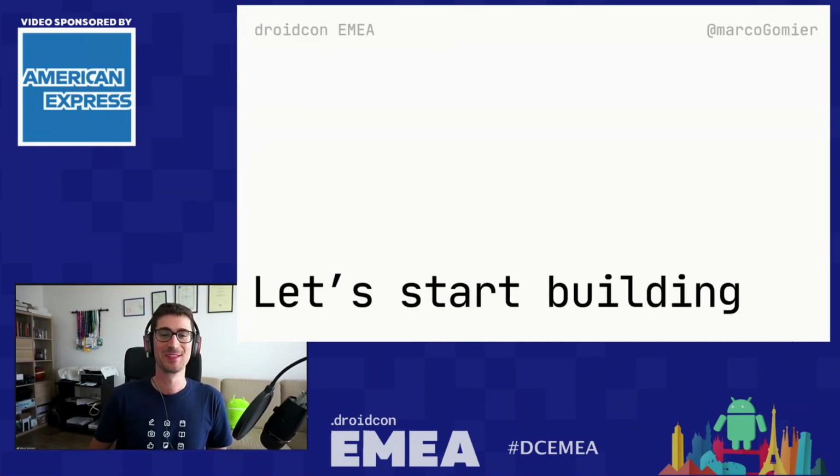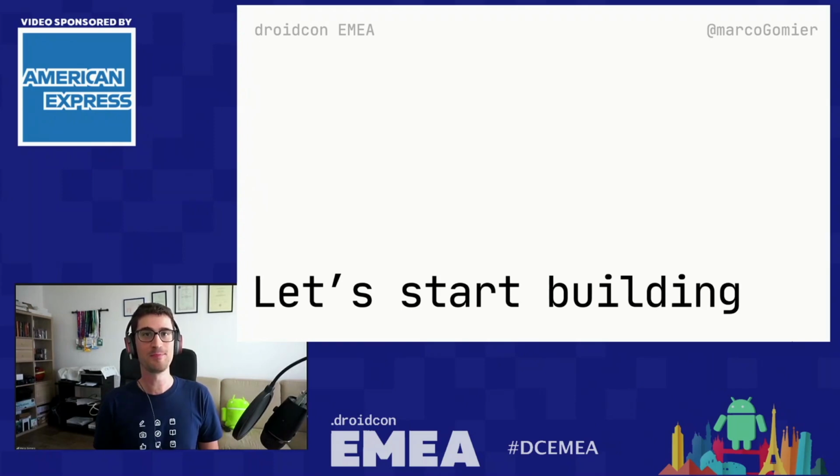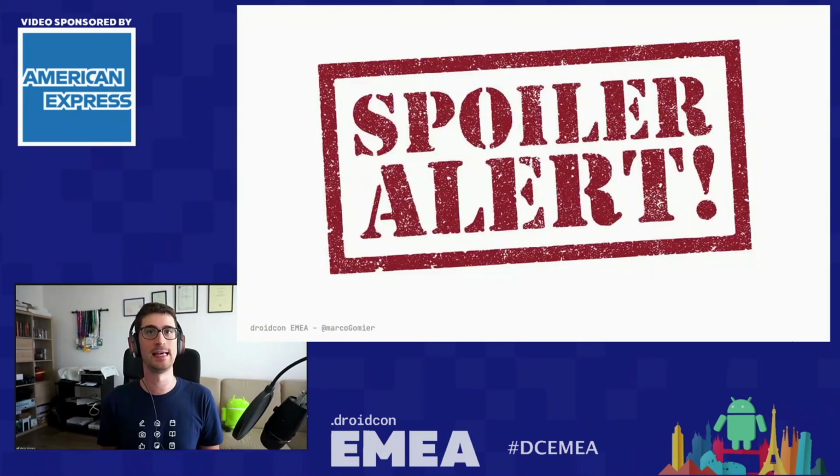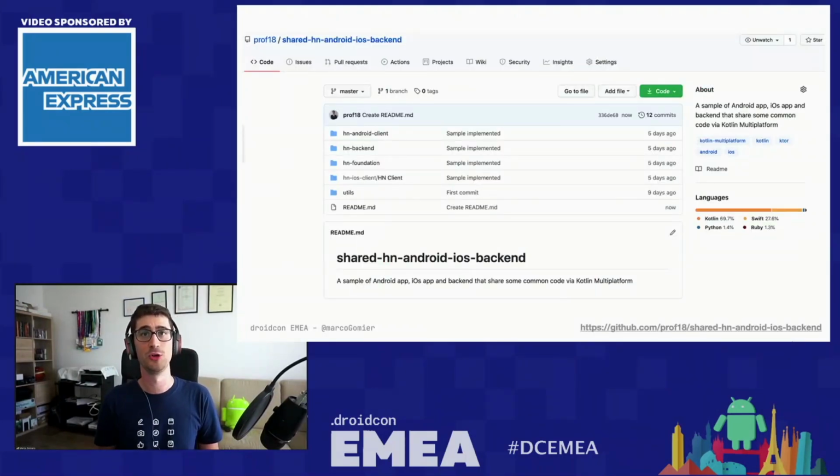And okay, so now let's start building something. All the code that you're going to see in the slides is extracted from a sample that I wrote and that I've already published on GitHub, so you can check it out and play with it.